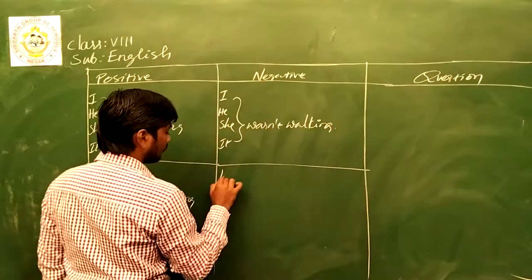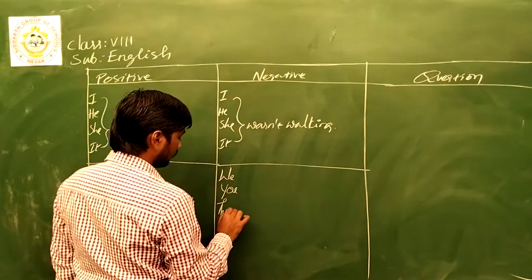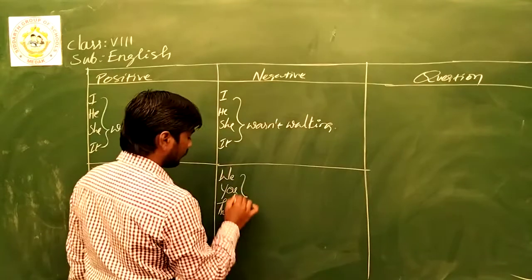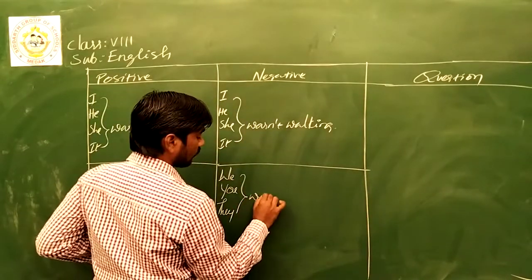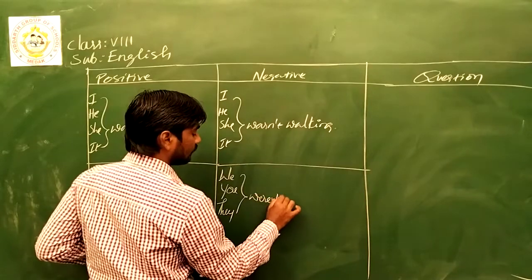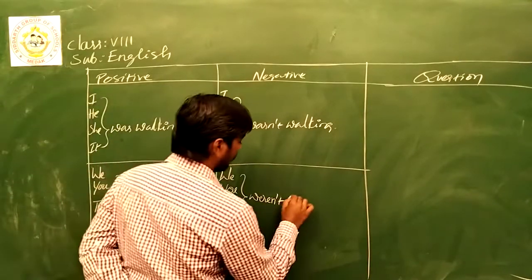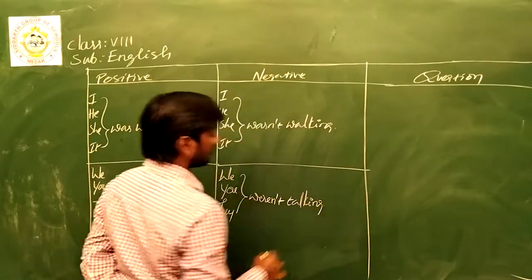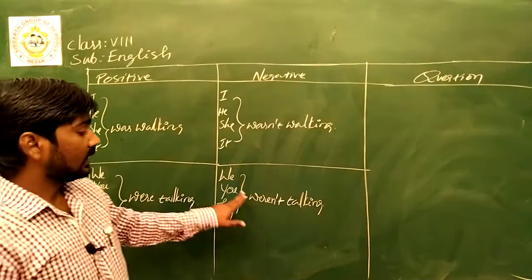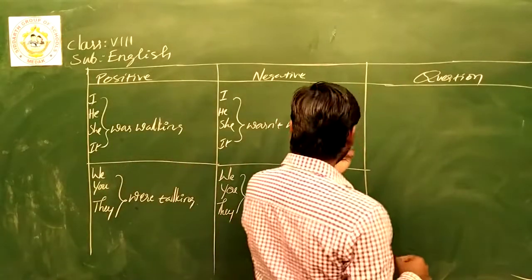Next, we, you, they, auxiliary verb, not, then the main verb, talking. So: subject, auxiliary verb, and main verb.